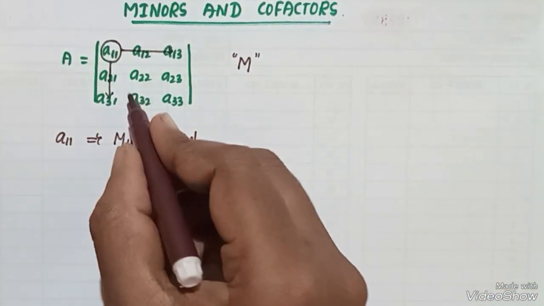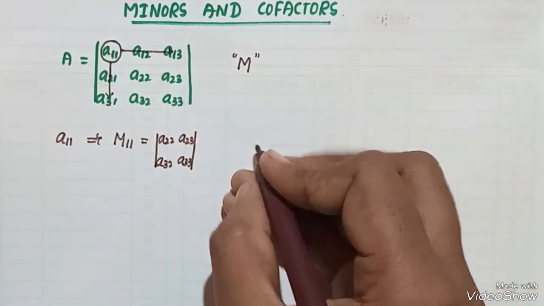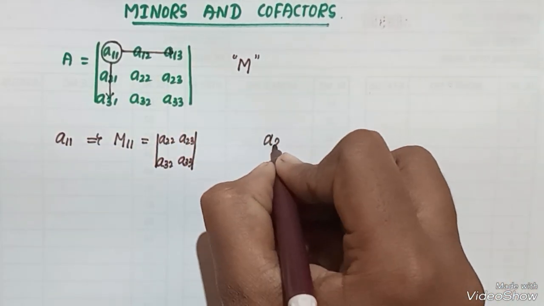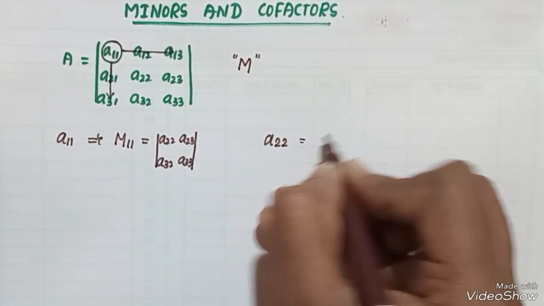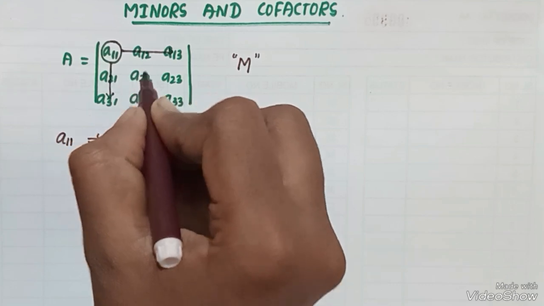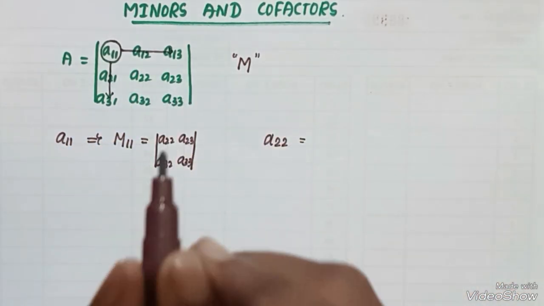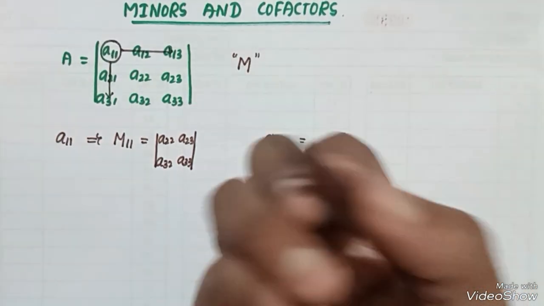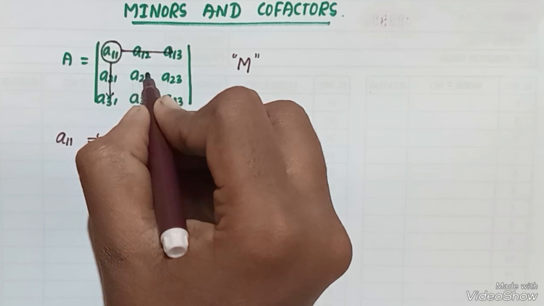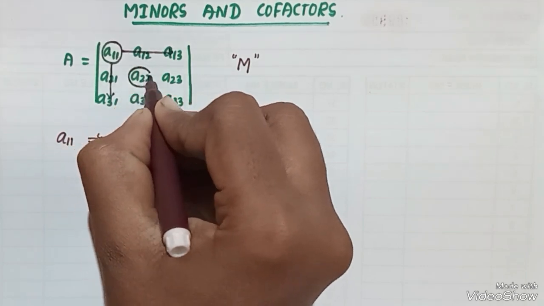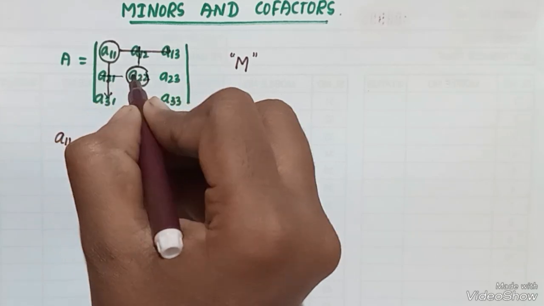Similarly for any element of this determinant. I have considered a22 now. For this element we have to neglect the whole row and column in which it is present.